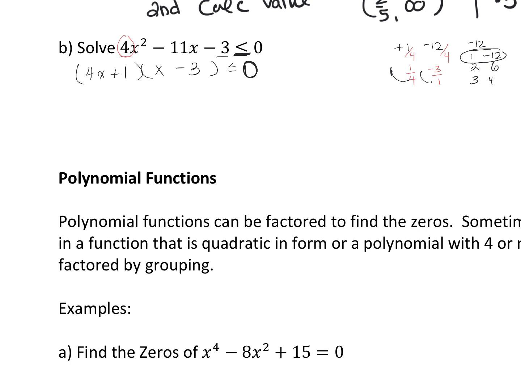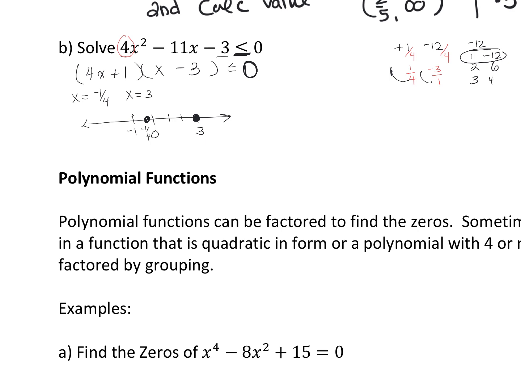So for our critical numbers, we're matching that equal sign. We get -1/4 and 3. So here's our 0, 1, 2, 3. This is less than or equal to, so this is going to be a solid dot. And then -1/4 might be in here.